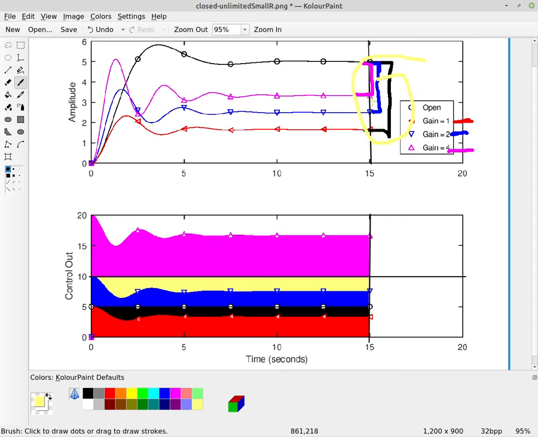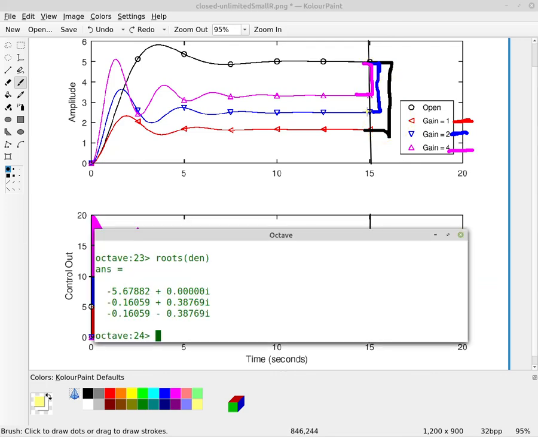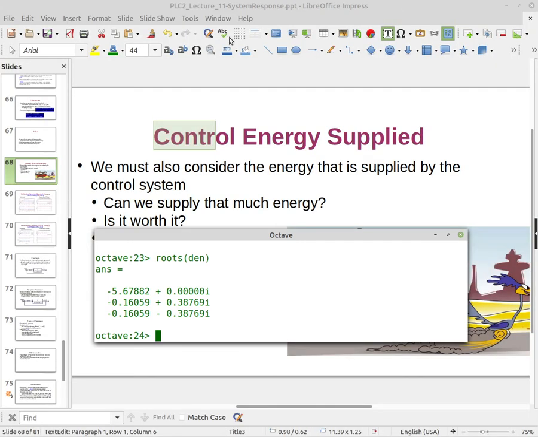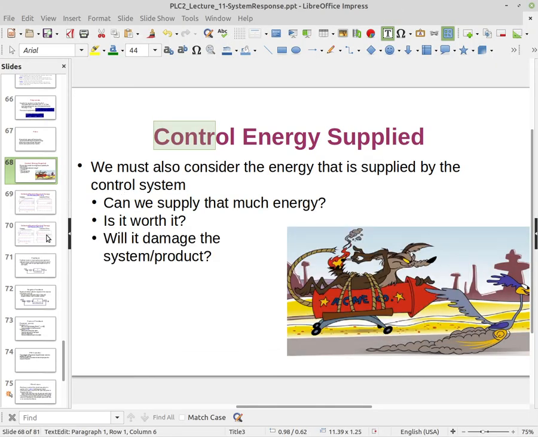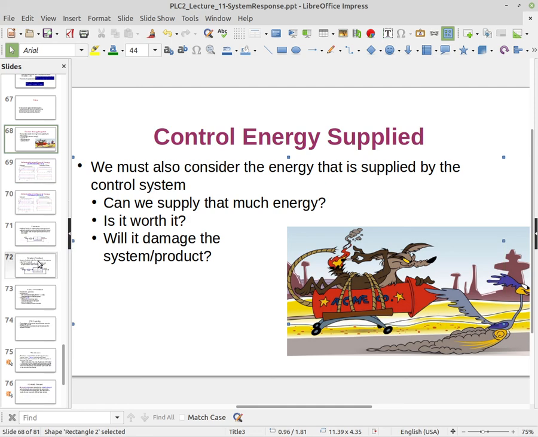You're going to have quite a bit of steady state error. It's just the nature of proportional feedback. So you do get response, but you also have this steady state error issue. So what do we do about that? Well, we have something called the PID controller.